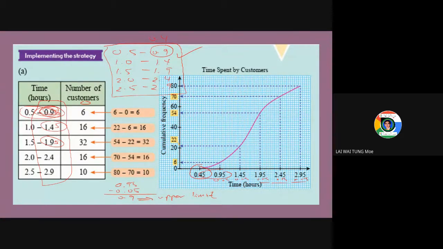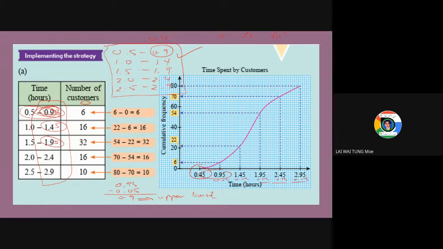This is very important, because if you don't get your class interval, you will not get your x, your fx and your fx squared. If you can't get this, you cannot find your midpoint, which is your x. So you need to make sure your class interval is correct.